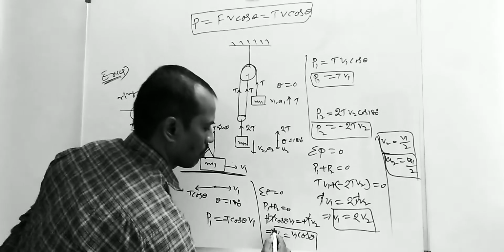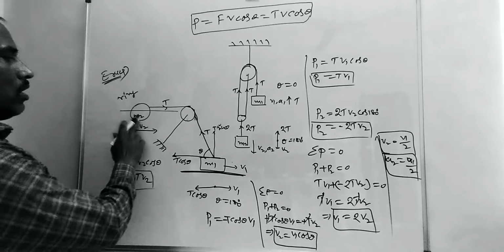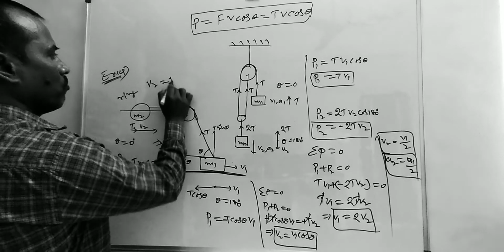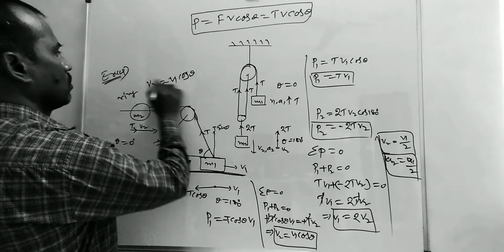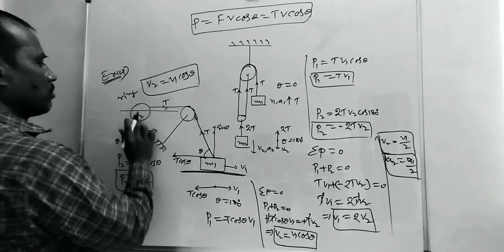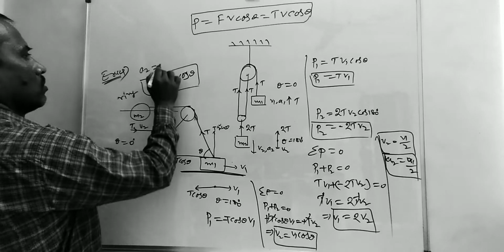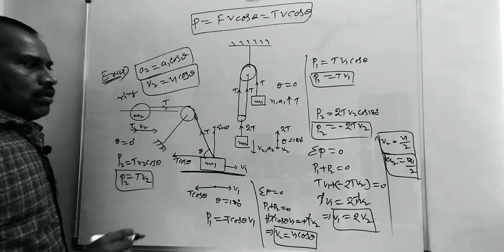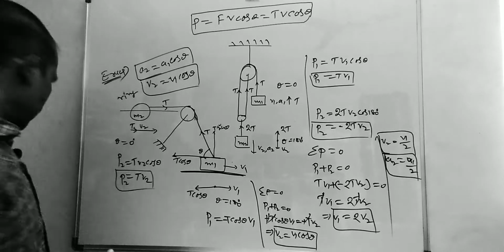This is the velocity of the ring. And the acceleration of the ring, A2, is equal to A1 cos theta.